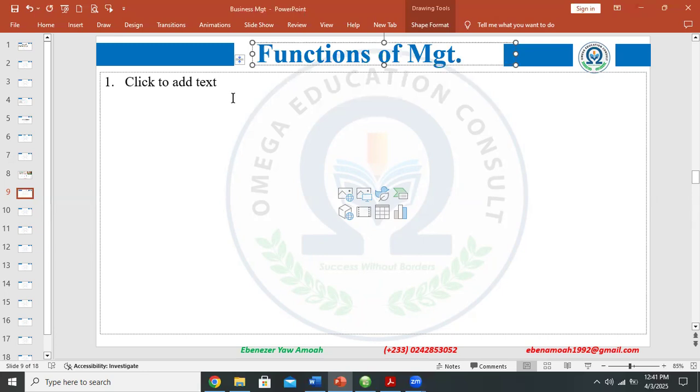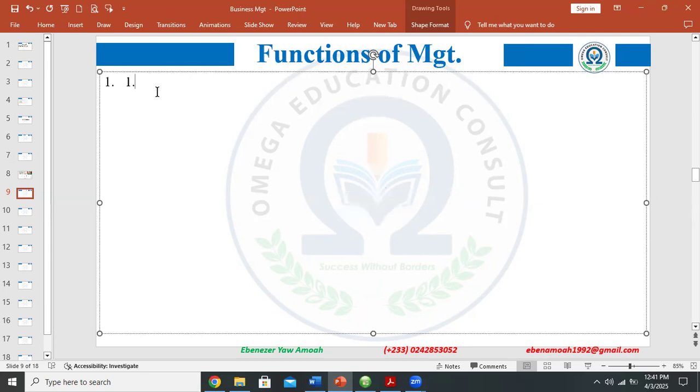Okay. So I want to believe we all appreciated that the basic functions of management were actually four, comprising the first one to be planning, second, organizing, then three, leading, and then finally number four, controlling.